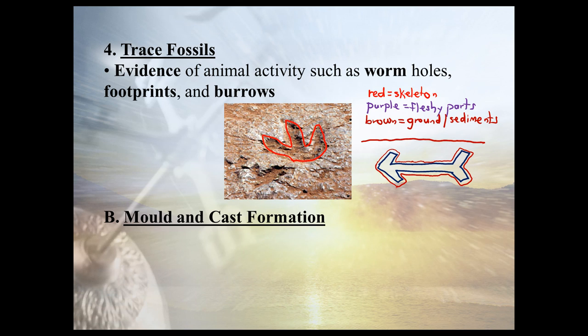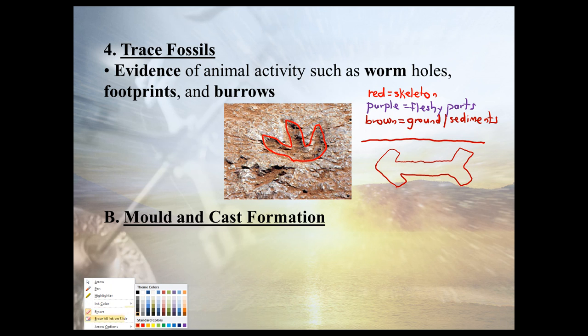And then that remaining skeleton, like I said, it just dissolves away. So let's get rid of it. Get rid of the blue. Gone. Now, what's left over here is this hollow portion after the skeleton is gone. And this hollow portion that's left over from the skeleton is what we call a mold. So a mold would just be all the particles in the ground that surround this region where the skeleton has dissolved away. So there's this hollow portion in the ground that we call a mold.